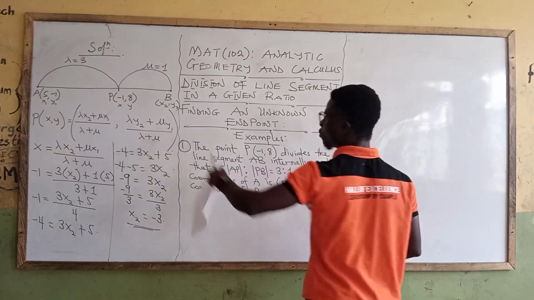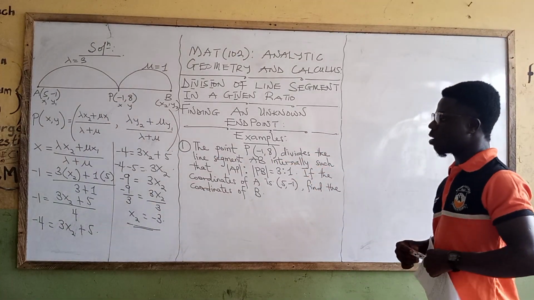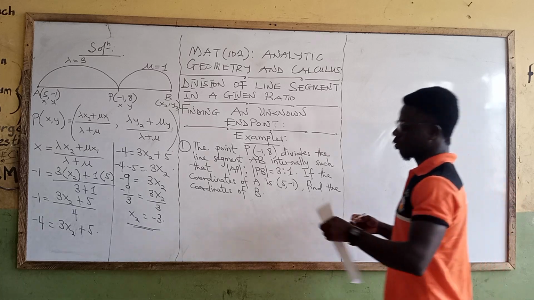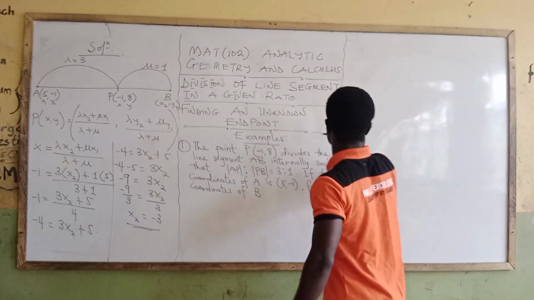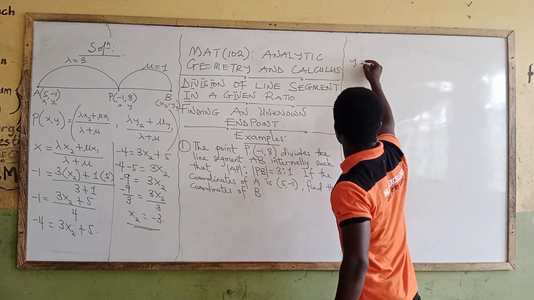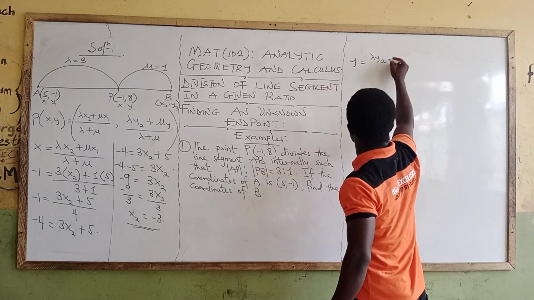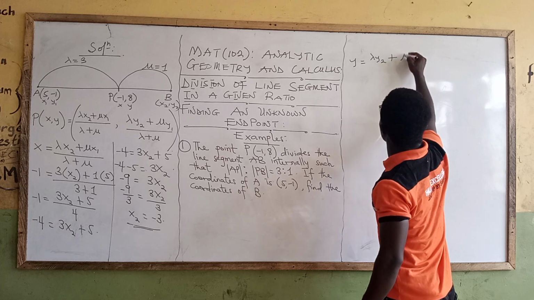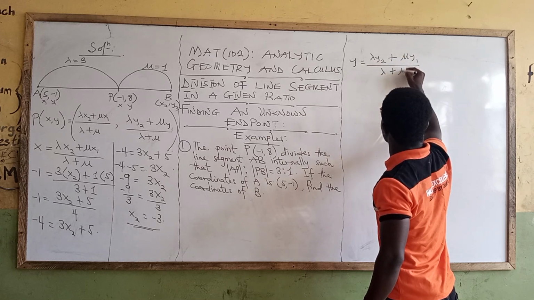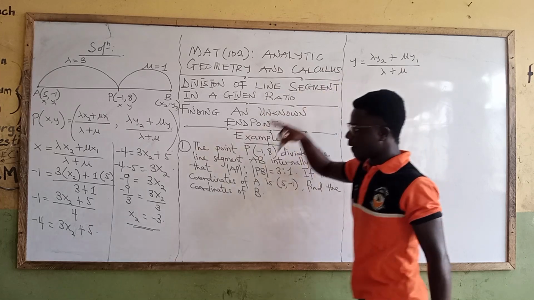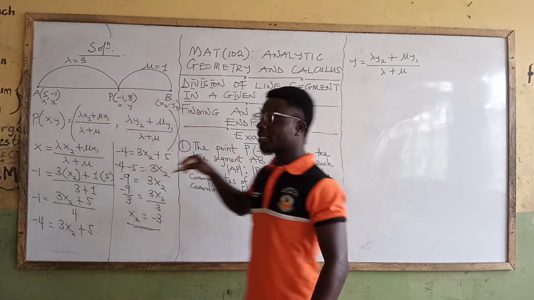Then how best can we solve for our y2? Don't forget, y is the same thing as lambda y2 plus mu y1 divided by lambda plus mu. What is y? Our y is 8.